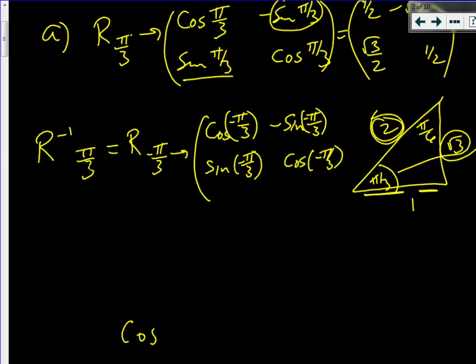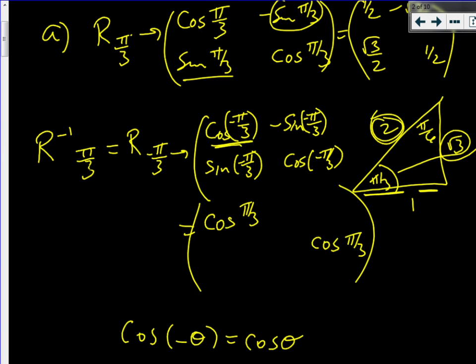Now, the cosine has the following property. The cosine of the negative of an angle is just the cosine of the angle. That means the cosine of negative pi over 3 is just the cosine of pi over 3. Same thing down here.